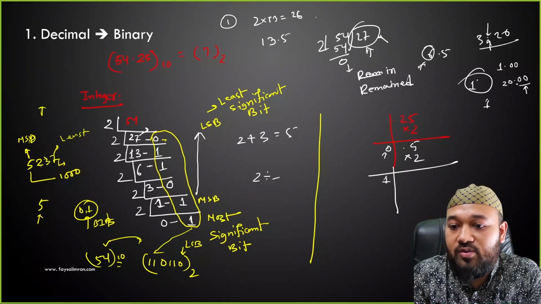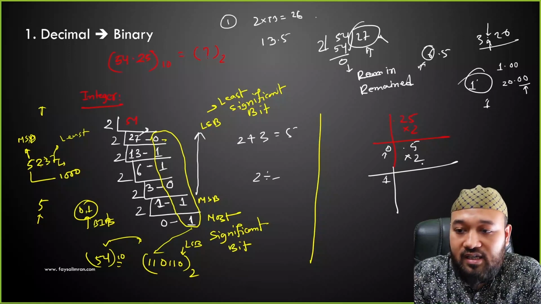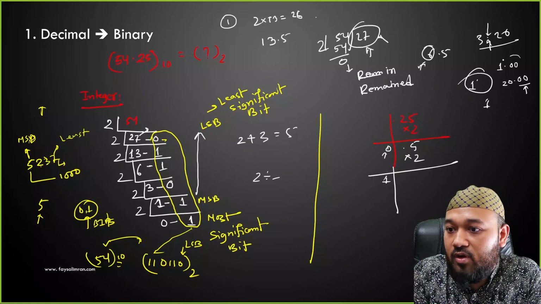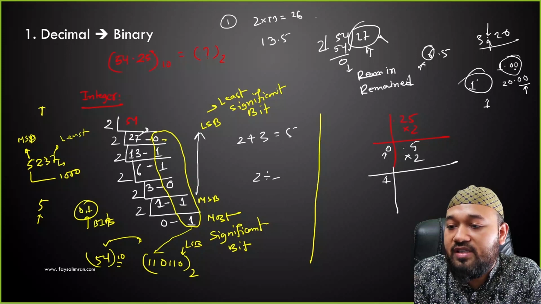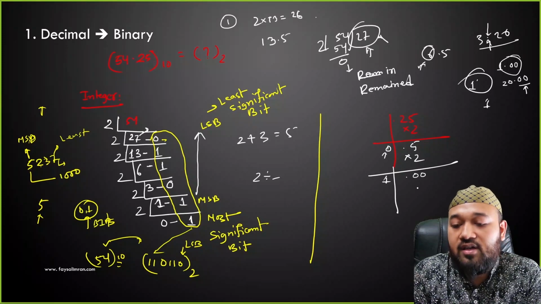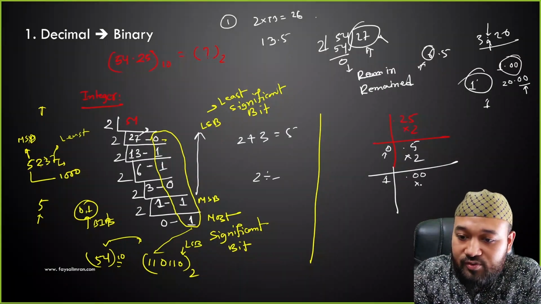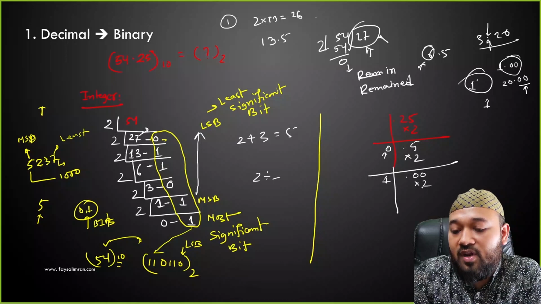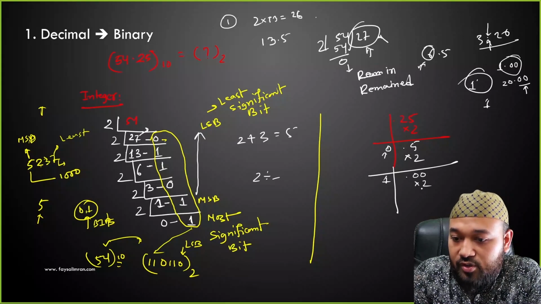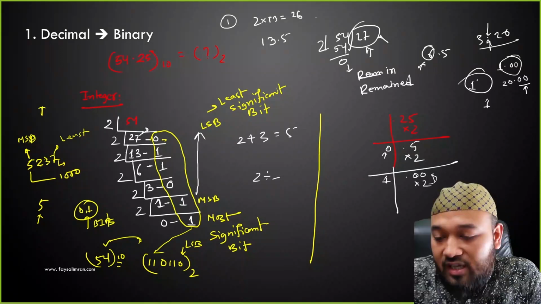So we write here 1, and we also have 0.00, that is our invisible value. When we found 0, we don't need to multiply again because it is not necessary to multiply this value.